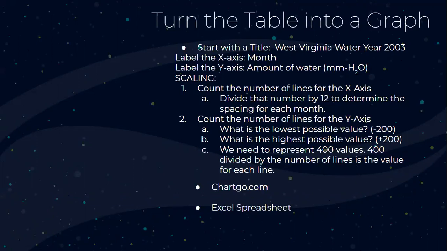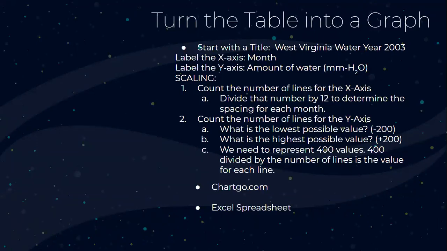It's not too small. It's not too large that it doesn't fit on the page, but it covers the space that you're working in. And so to do that, after you've drawn your line for the x-axis and the y-axis, you need to count the number of lines that you have available, because you want to use the whole space of that line as possible. And so you've got to fit every value within that space as well.